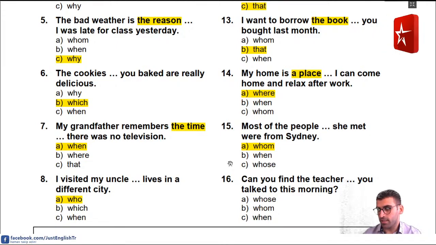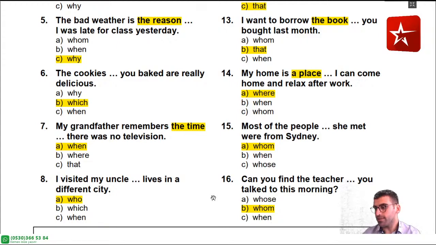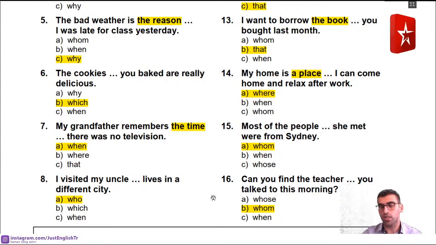Number 16. 16 is, yep. I think I'm getting the correct answers. Yes, the correct answer is him. Yeah. Okay, can you let me know how many of these questions you answered correctly?